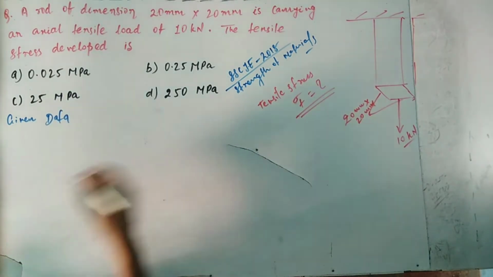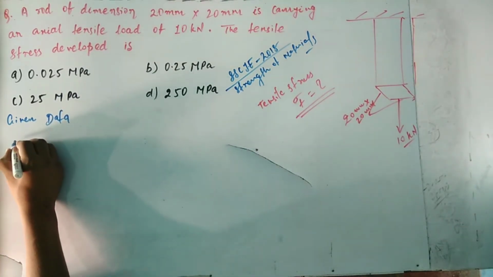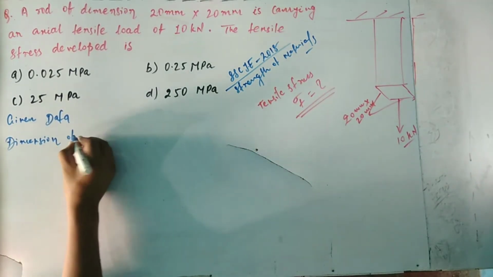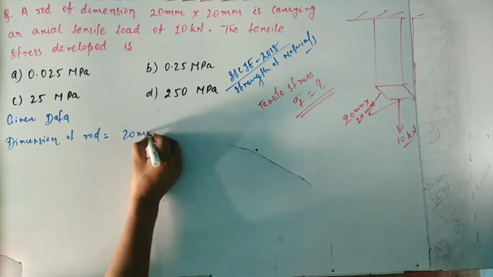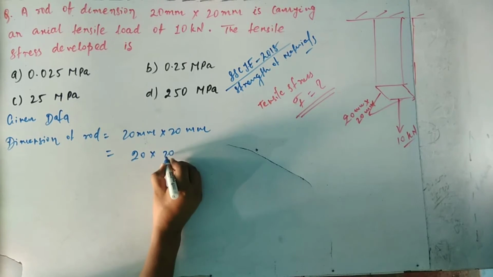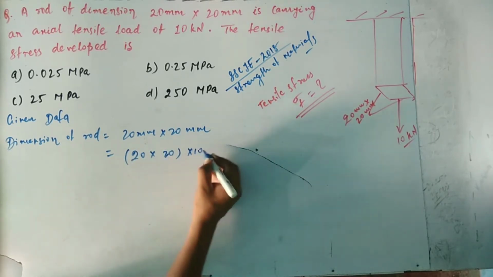So first we note the given data from the question. Given data, that is, the dimension of the rod is given as 20 mm by 20 mm. Now we will convert to SI unit, then it will be in meters.